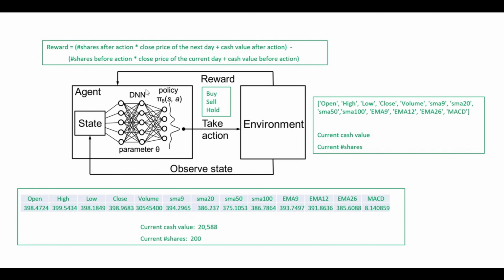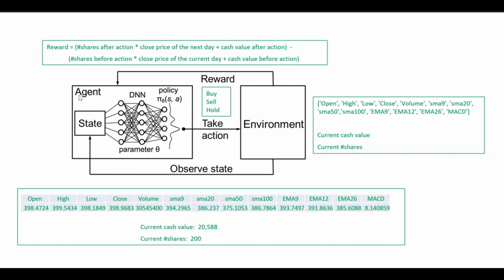Recall that the agent has a policy that determines what action to take given the current state, right? So deep Q learning uses this deep Q network to determine which action to take based on the current state. In other words, deep Q learning uses this Q network to implement or express a policy.